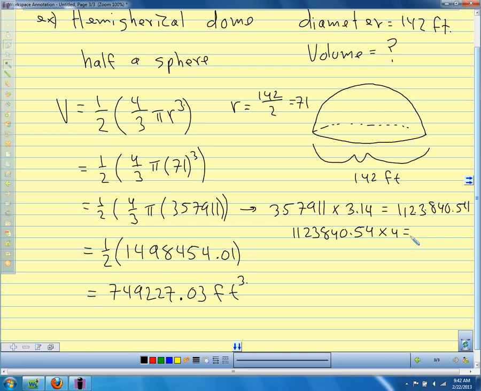So I multiply that by 4, and I get another really big number, 4,495,362.16, and then I divide that by 3. And that gives me that number. So that was the steps in between there, yeah.